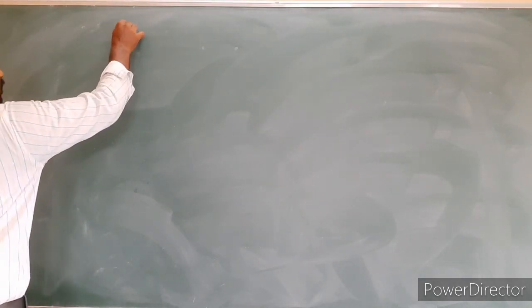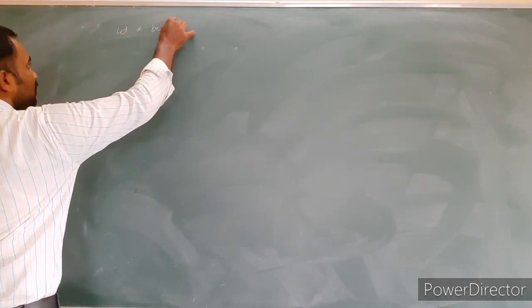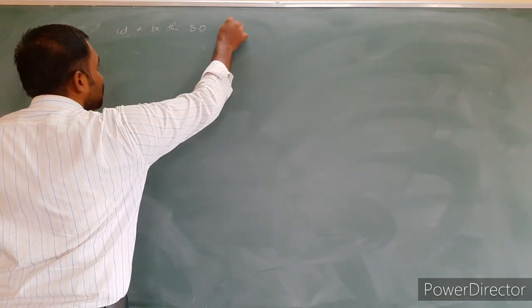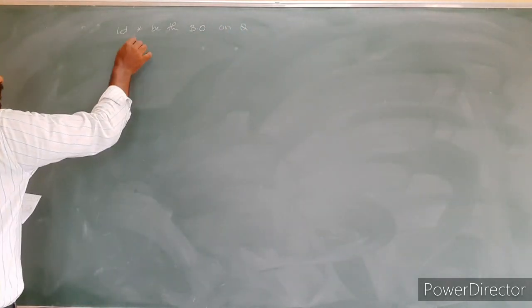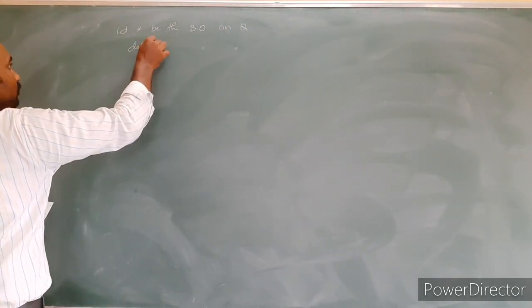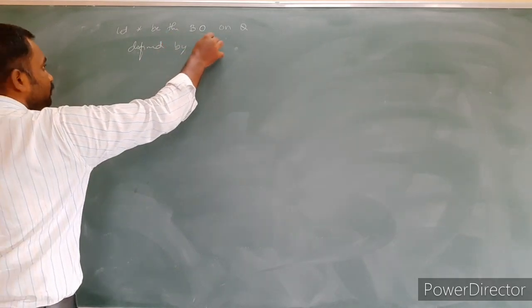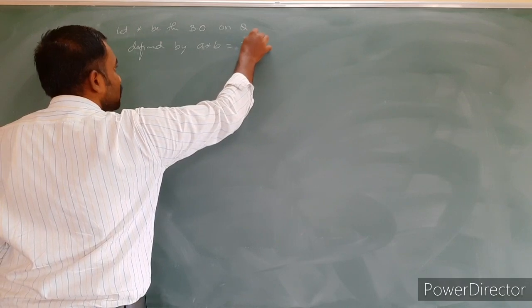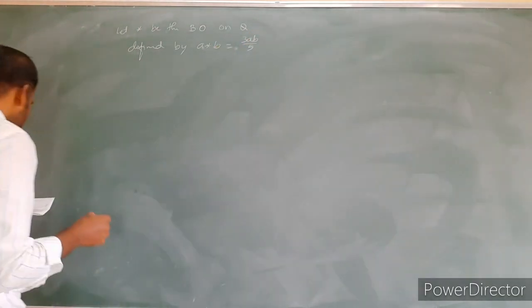Let star be a binary operation on the set of rational numbers Q defined by A star B is equal to 3AB divided by pi.